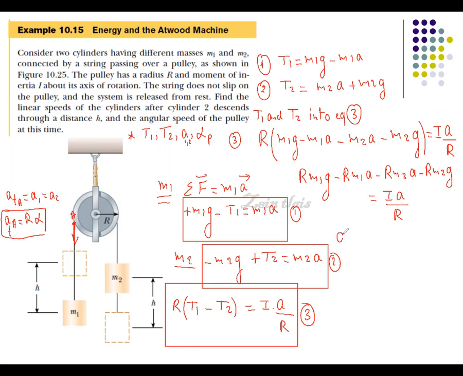We can say A equals R M1G minus R M2G, divided by I divided by R plus R M1 plus R M2. This is the value of A.